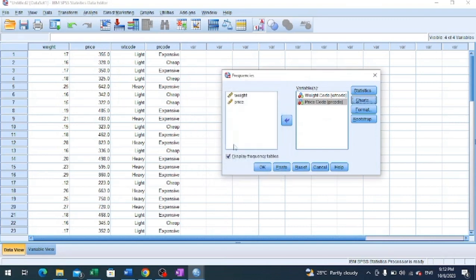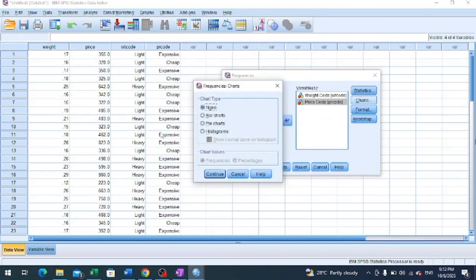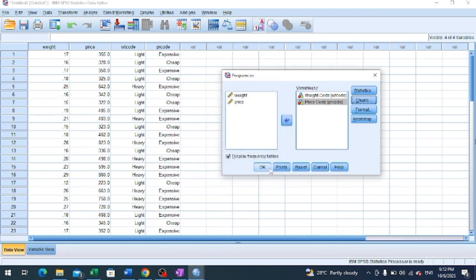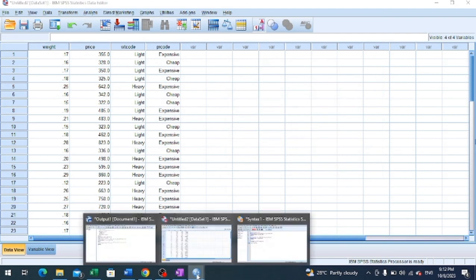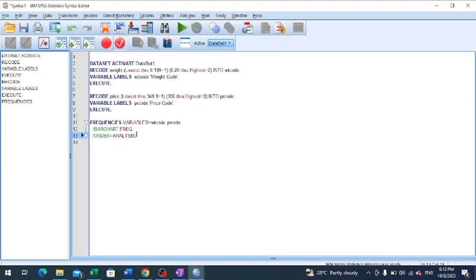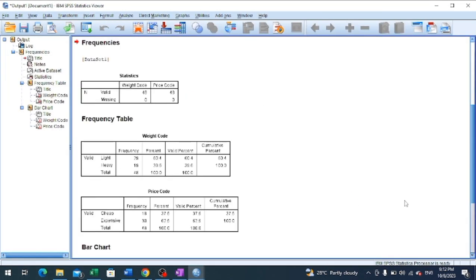Now, I have selected charts, bar chart, and now we go for paste. Then we go for this syntax, and then we run this syntax.